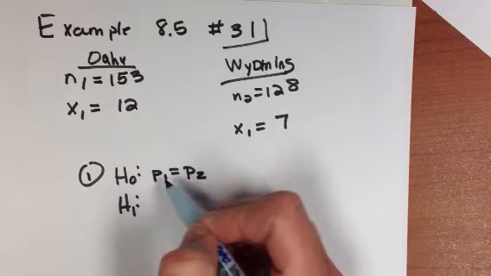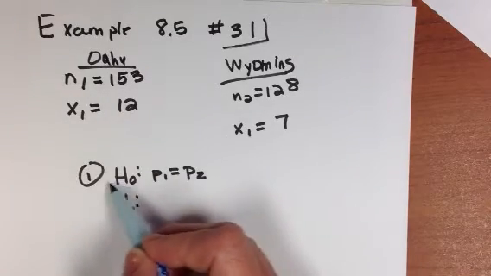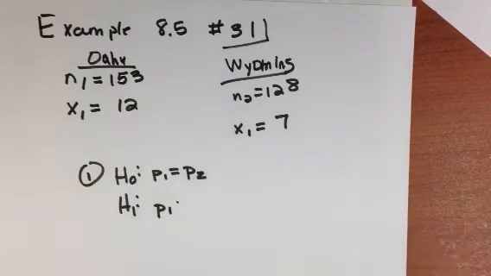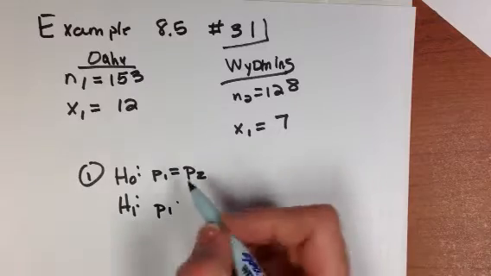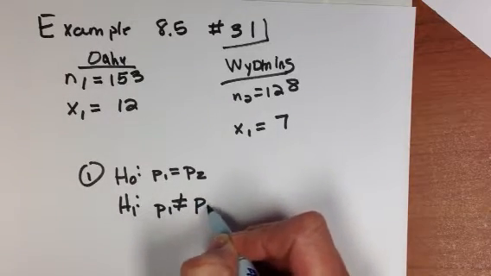So right when you see that, you're dealing with p's, not mu's. The null is always where it's assumed to be true. The alternative is what we're testing. This question asks us, do these data indicate that the population proportion of high school dropouts on Oahu is different? Either way. So we don't want less than or greater than, we want not equal to.